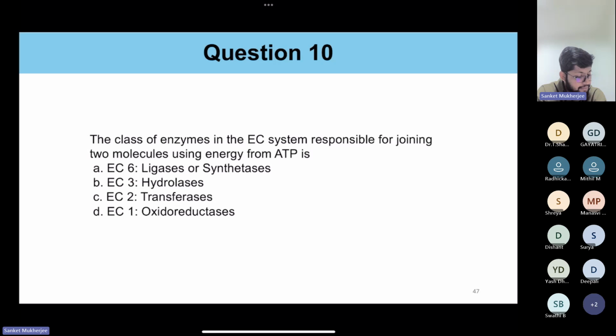The class of enzymes in the EC system responsible for joining two molecules using energy from ATP is EC6, ligases or synthetases, EC3 hydrolases, EC2 transferases, or EC1 oxidoreductases. Sir, EC6 ligases or synthetases. Yes, correct.